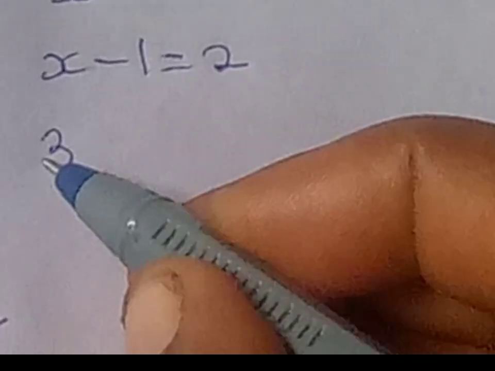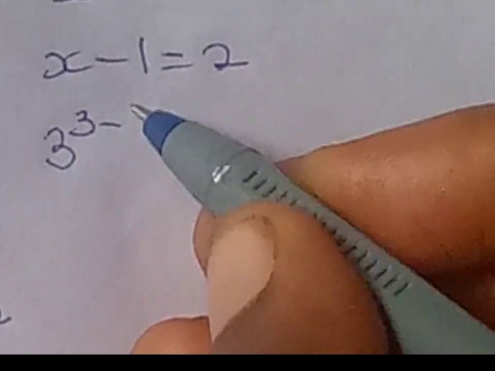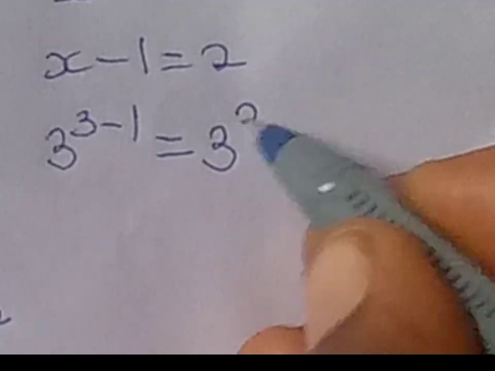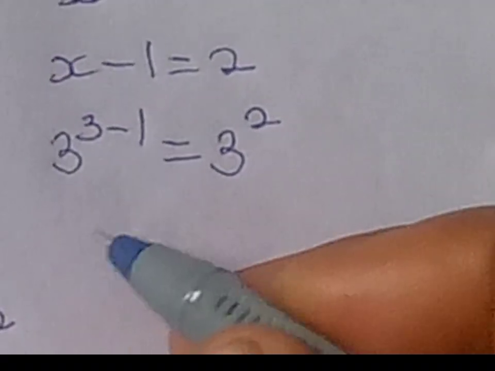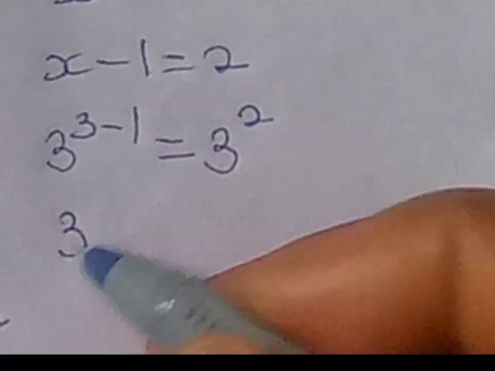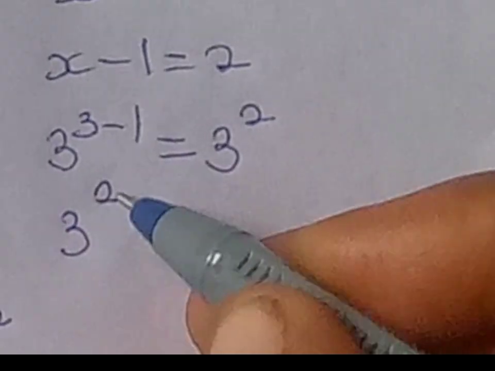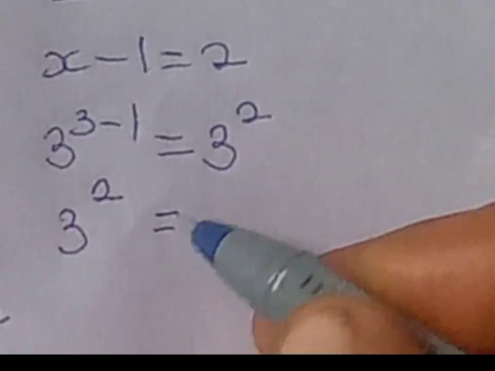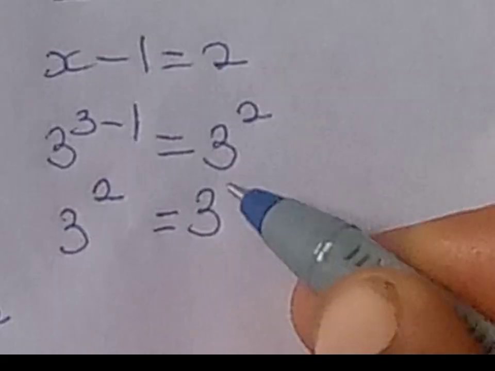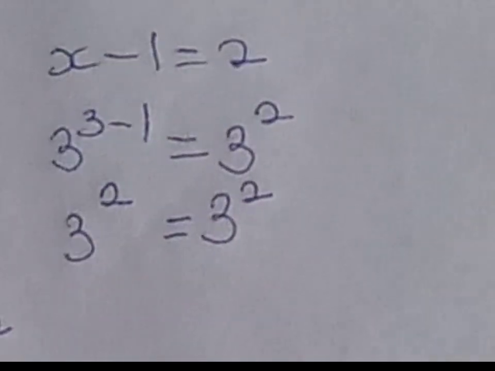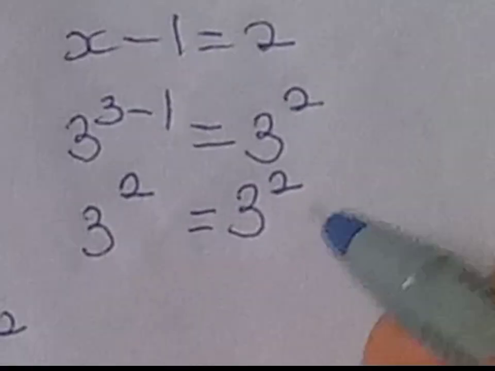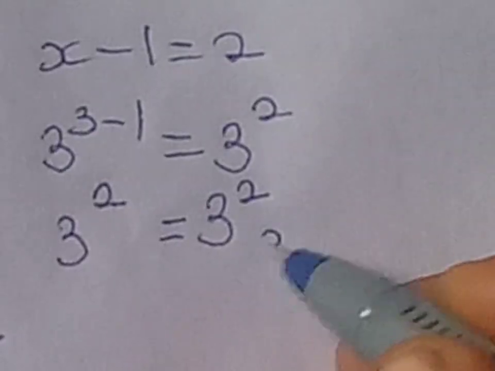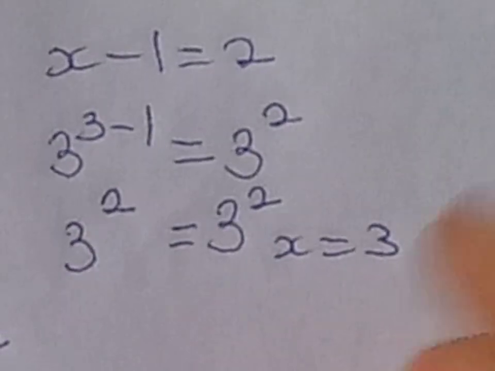So 3 raised to the power of 3 minus 1 equals 3 raised to the power of 2, since 3 minus 1 will give us 2. So on the left side we have 3 raised to the power of 2, and also on the right side we have 3 raised to the power of 2. So x equals 3 works perfectly. So our x equals 3.